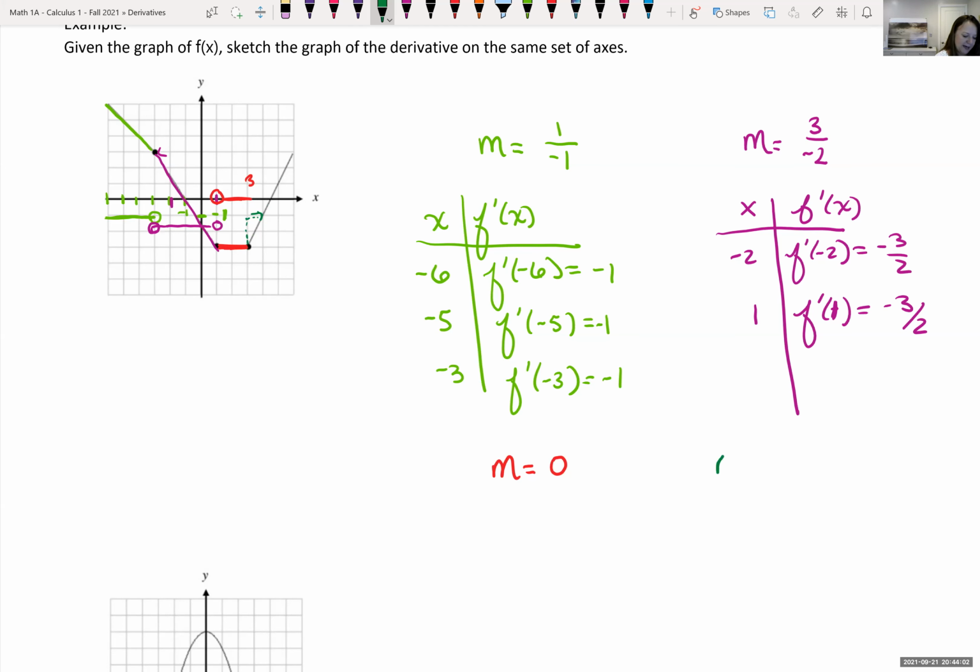So my slope in that case is 3/2. And so I'm going to have a horizontal line because for any value from x equals 3 to 6, I have 3/2 as my slope. So I'm going to put an open circle here and then 3/2, which is 1.5, to here.